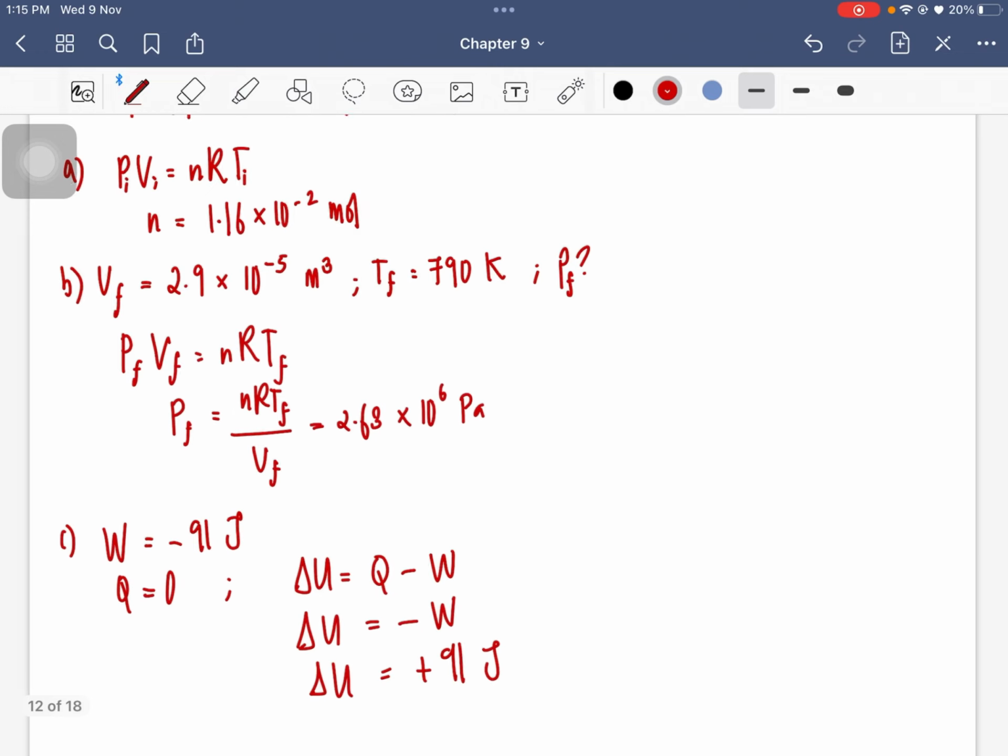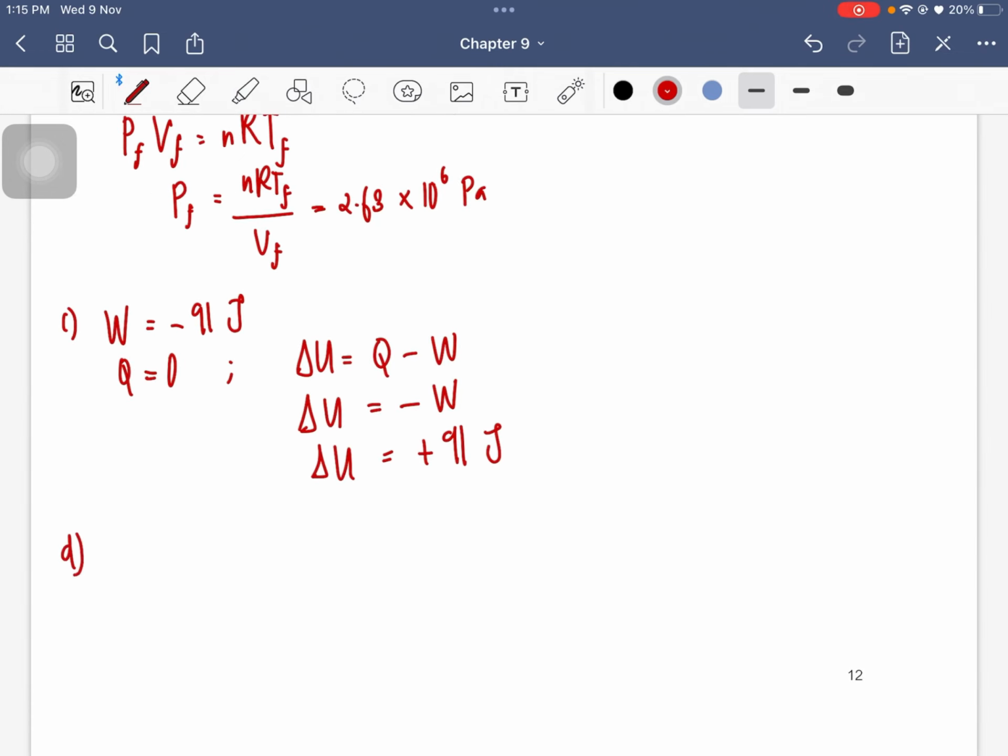Question D, explain why there is a rise in temperature of the gas that takes place during the compression. Okay. So for this one, for PSPM, I don't really think there will be explanation questions. Usually yours is just calculation. But this is just for your knowledge. So when the gas is compressed adiabatically, it does negative work.